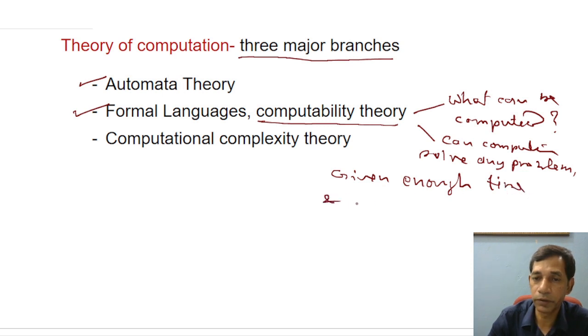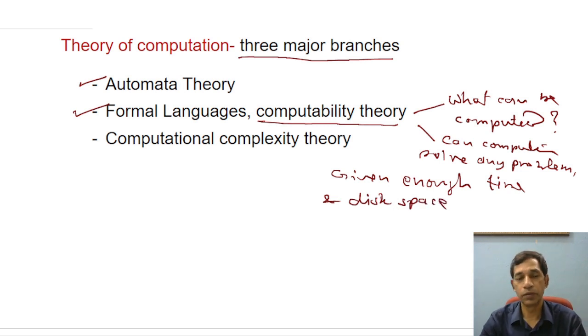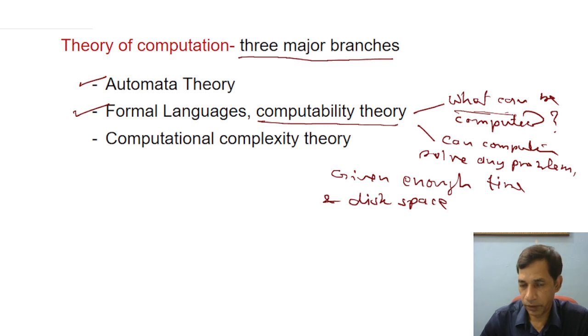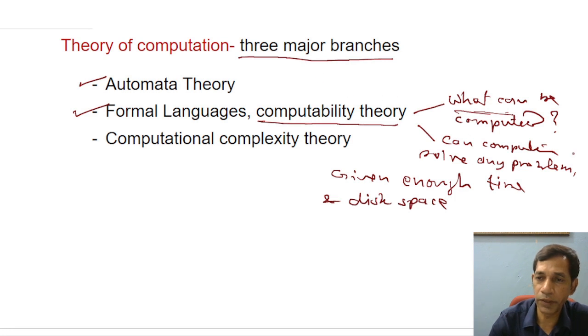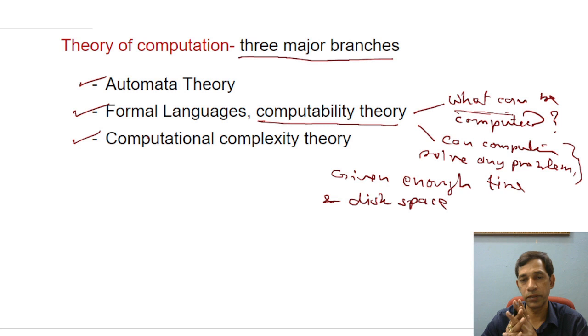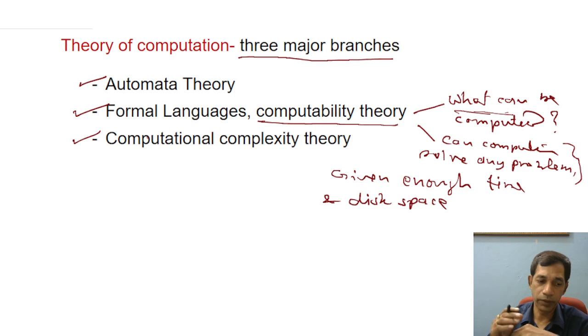So computability theory says which functions you can compute and which you cannot compute. So can a computer solve any problem, even if you provide enough time and disk space? Then there is the computational complexity branch, computational complexity theory.